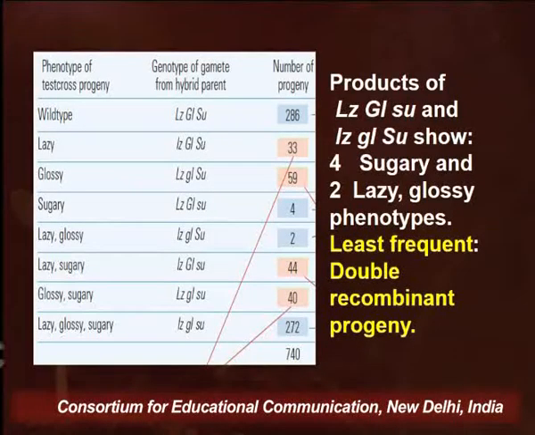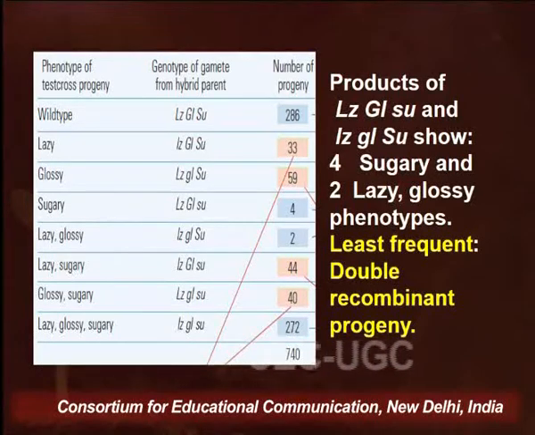This diagram is just a magnification of the earlier one which I just presented to you. If you look at this very carefully, we find that 4 are sugary and 2 are lazy and glossy phenotypes. So they are the least frequent. They are actually the double recombinant progeny which we have to take into account.